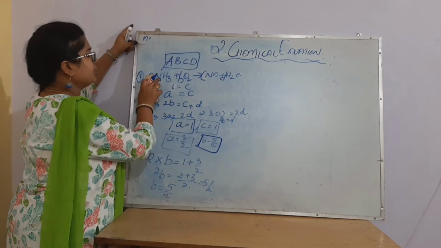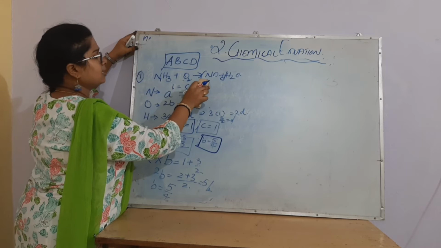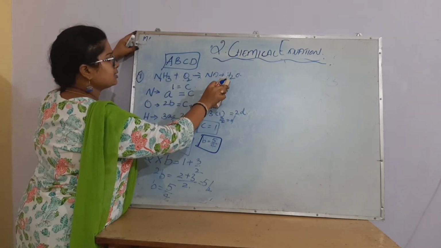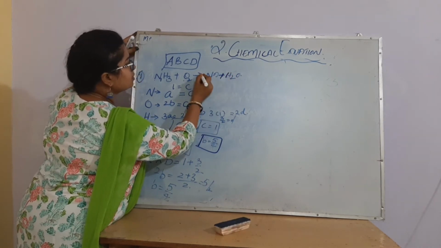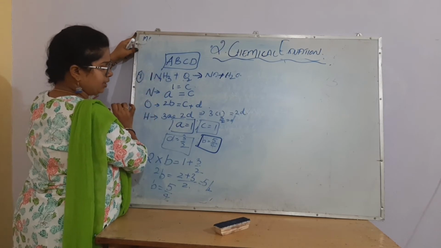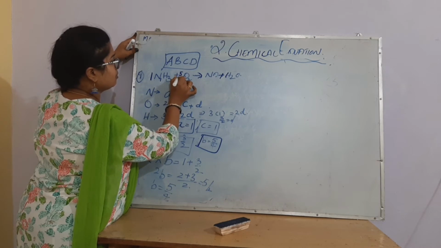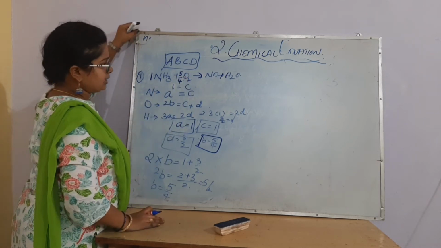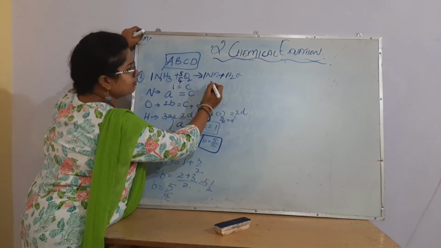Now put it in the equation. A is 1, B is 5 by 4, C is 1.